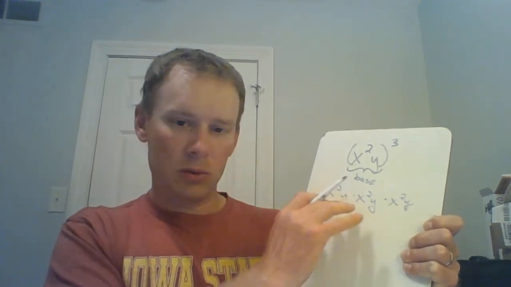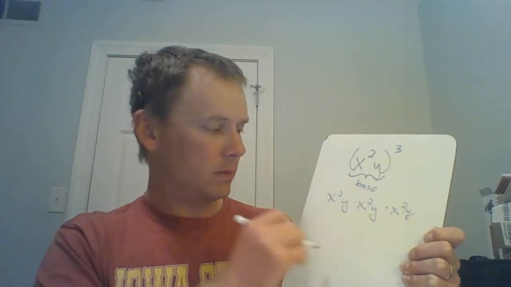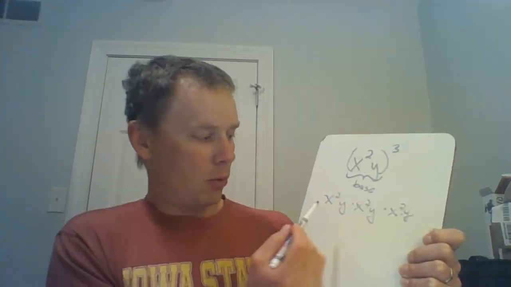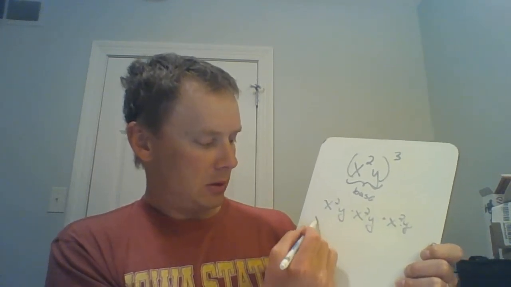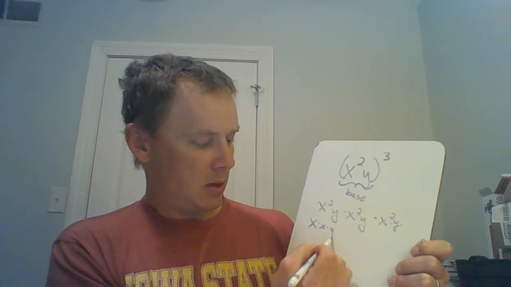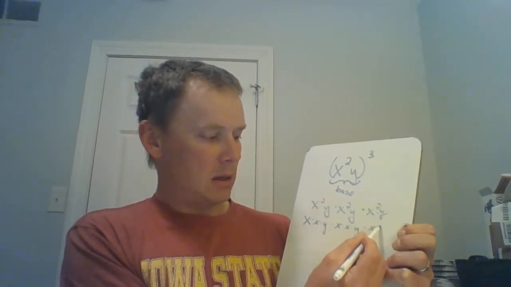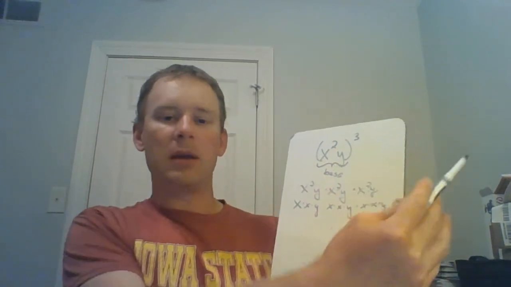And then we said, because everything's being multiplied here, all of these are factors, we can rearrange them, and furthermore, I should point out specifically first that we can write out these exponents. So x times y times x times x times y times x times x times y, right? So you expand everything.